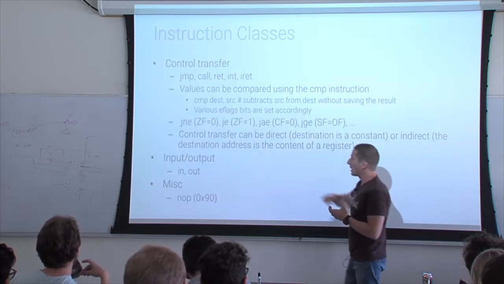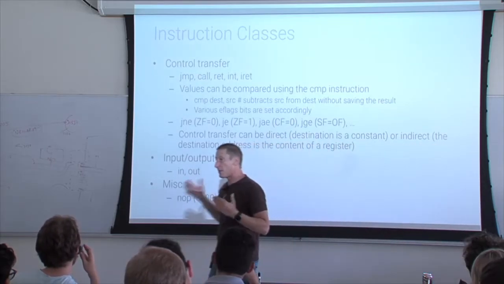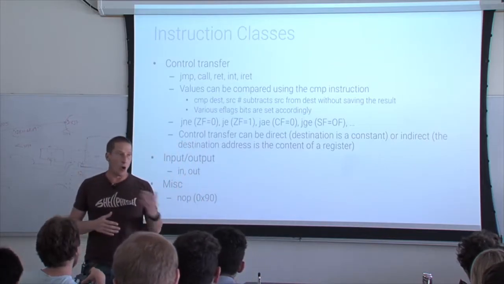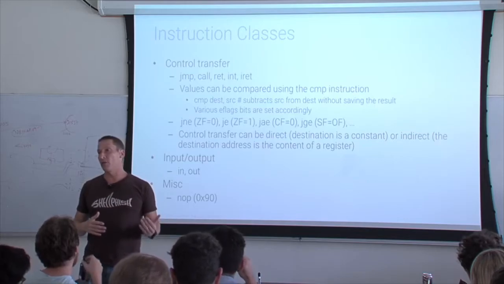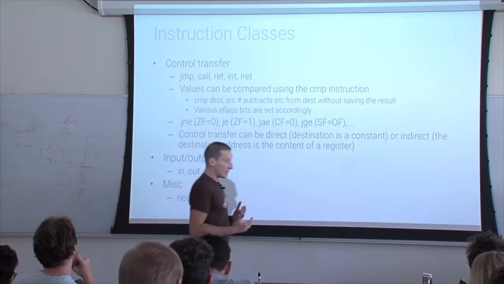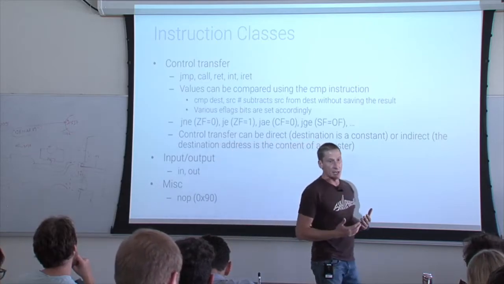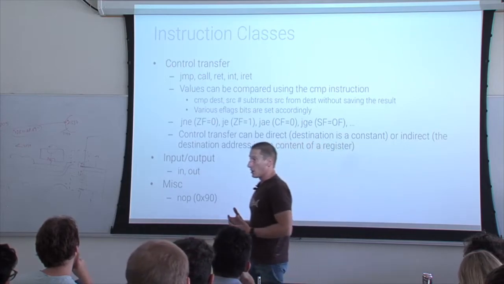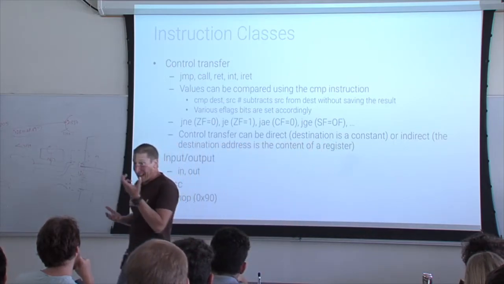Interesting. The control transfers in binaries can be direct, meaning jump to this address, okay, or could be indirect, jump to the content of this register. And for example, in static analysis, indirect jumps are typically very difficult to handle because they're not an actual value.